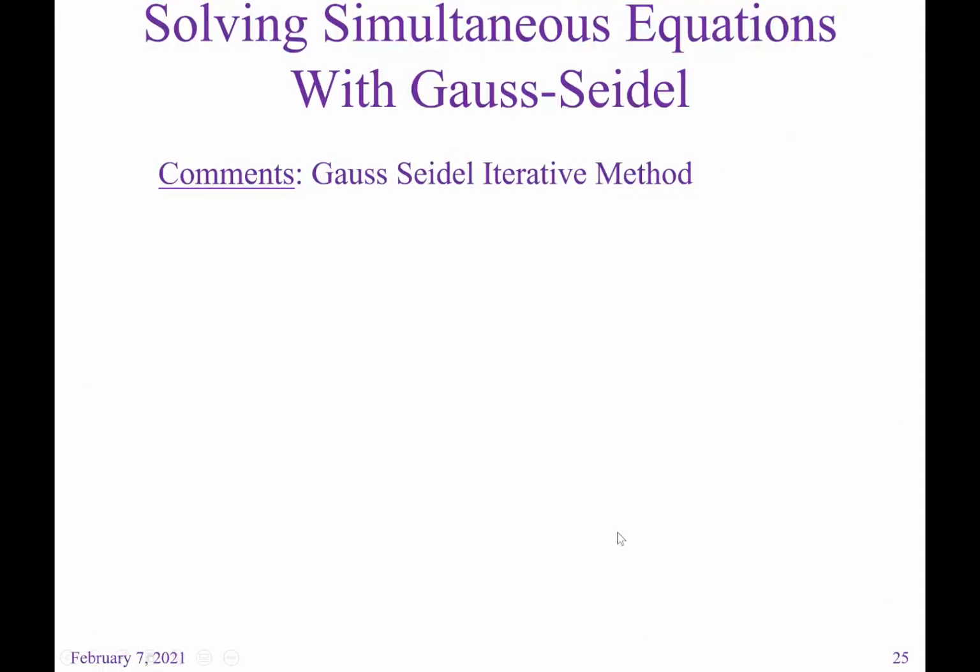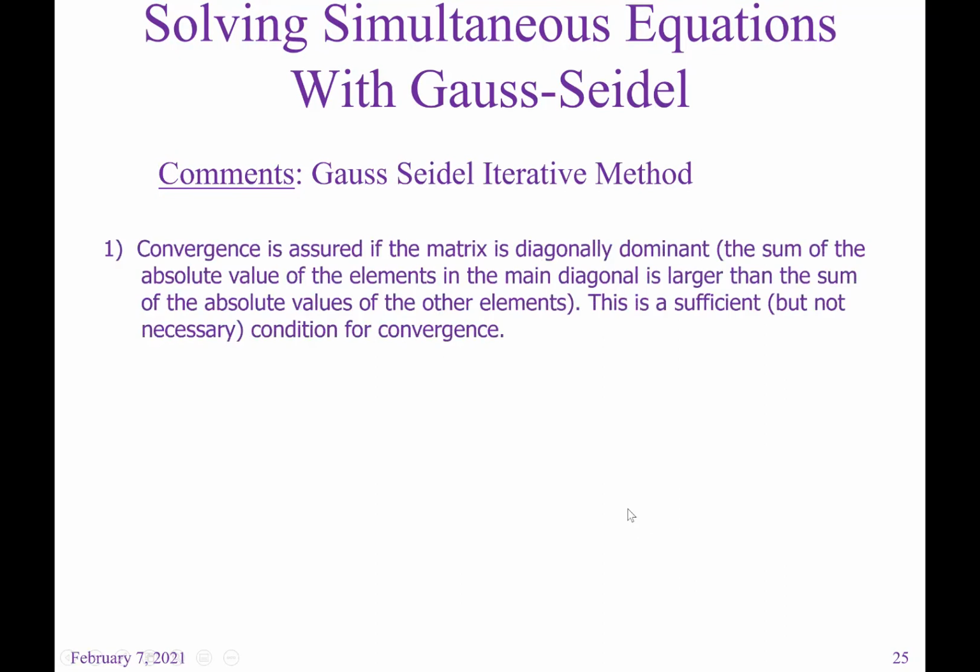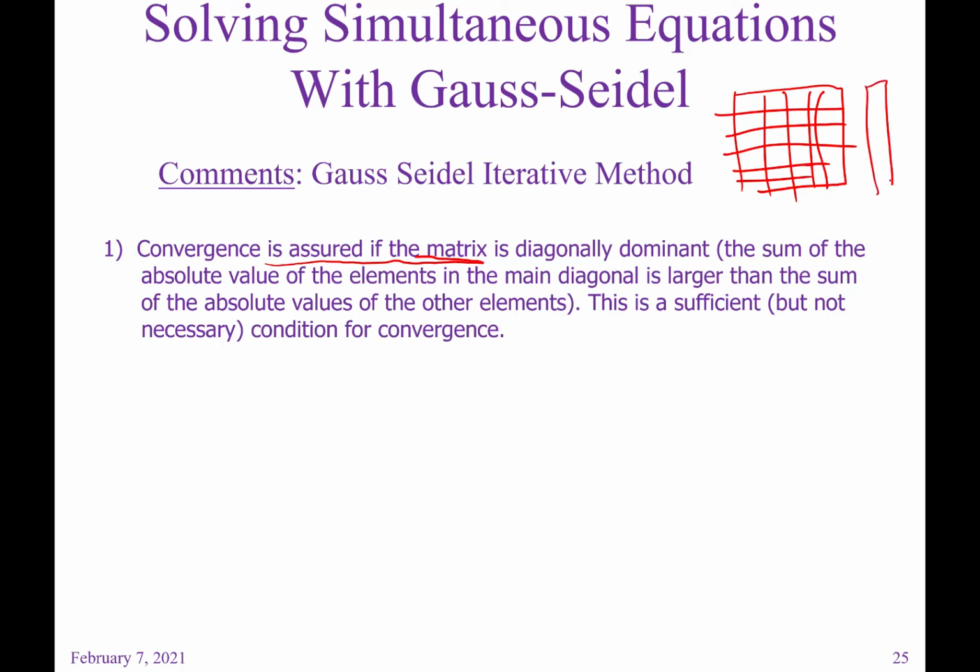Okay, so some comments on the Gauss-Seidel scheme, which we just looked at in Excel. That's the matrix we were solving, right? You remember the matrix of coefficients, which multiplies the pressure and is set equal to the right-hand side.